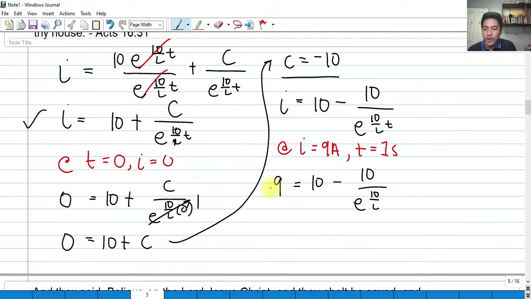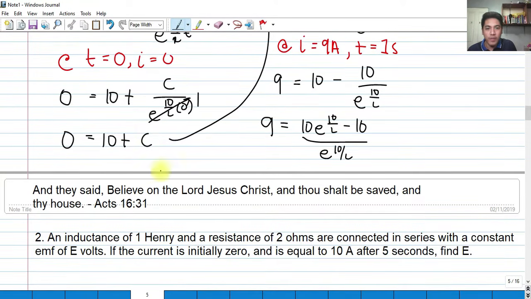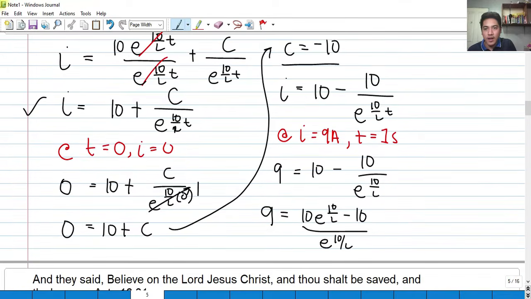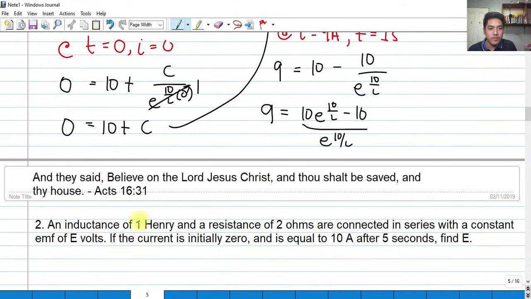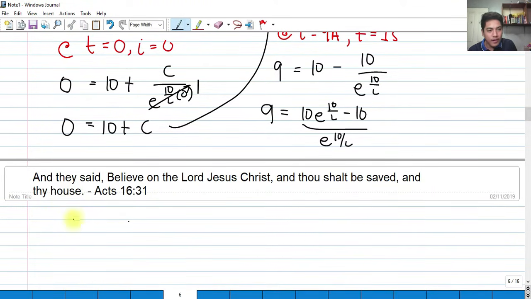So if I'm going to find the value of this L, we're going to have 9 is now equal to 10 E raised to 10 over L minus 10, over E raised to 10 over L. If I cross multiply this, we have 9E raised to 10 over L is equal to 10E raised to 10 over L minus 10.